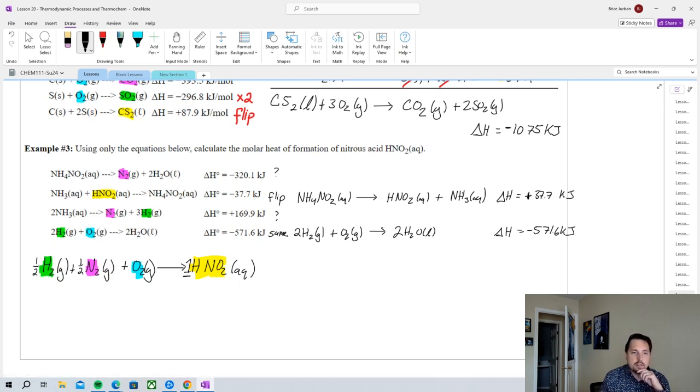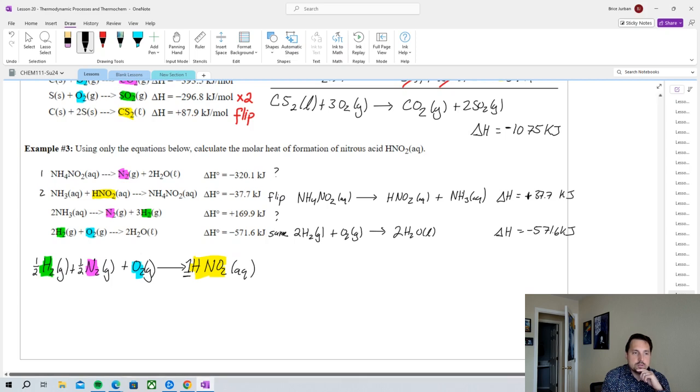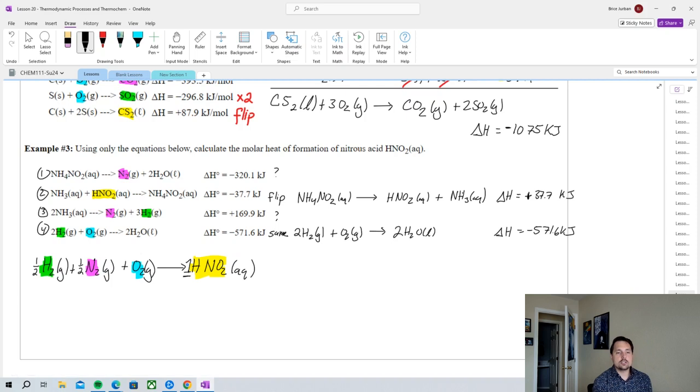Let's look at the third reaction now. So we have 1, 2, 3, 4. If we look at reaction 3, because we want to combine these 2 together to give us 1/2. So we'll need to multiply reaction 3 by something so that when we add together the hydrogens, we get 1/2 hydrogen.